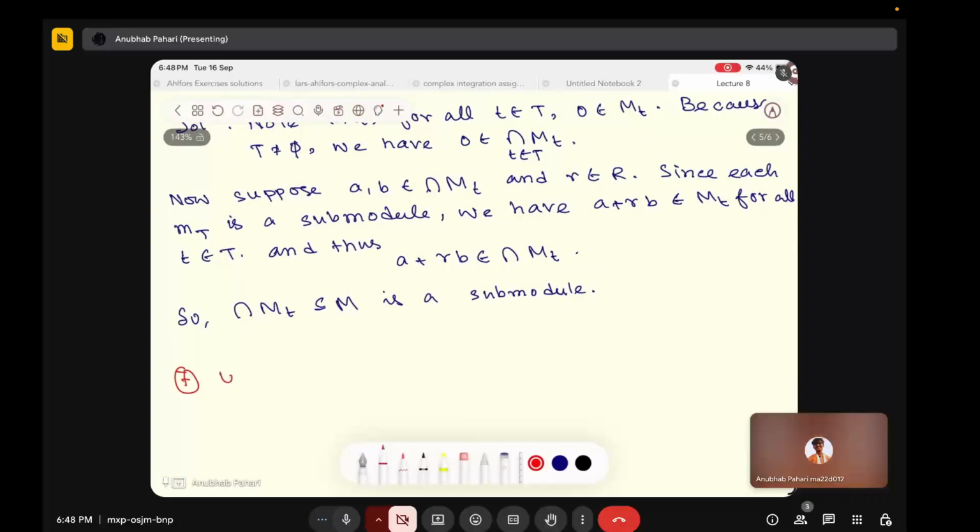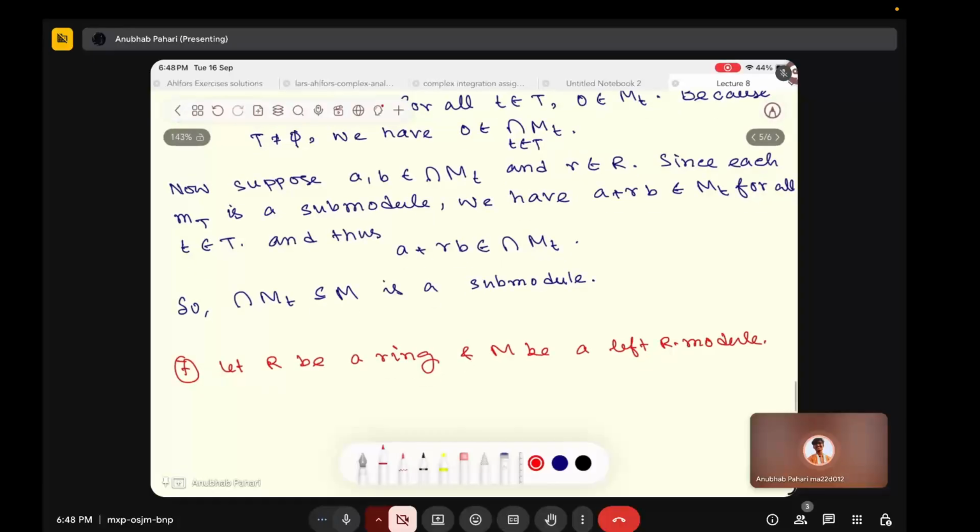Let R be a ring and M be a left R module. Let N be a submodule.